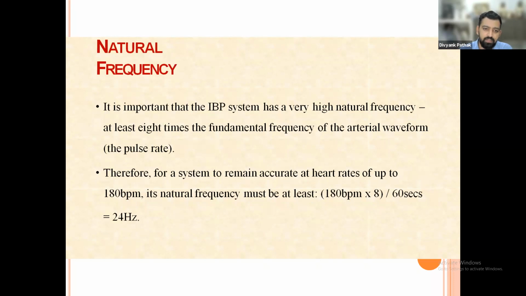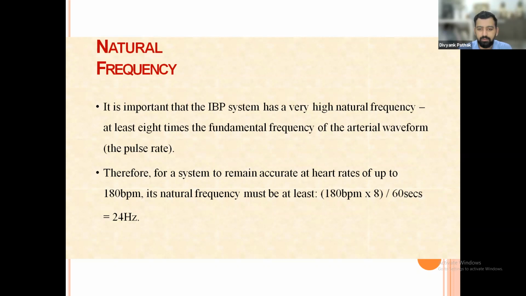So for natural frequency, it is important that the IBP system has a very high natural frequency, at least 8 times the fundamental frequency of an arterial waveform. Because the real wave which is created is very small, so we have to amplify that. At least 8 times, so that we can see good electrical analysis on the monitor.